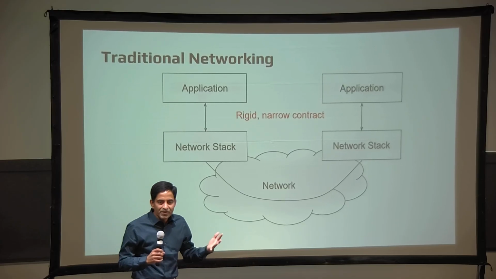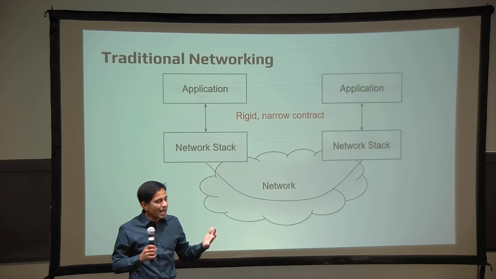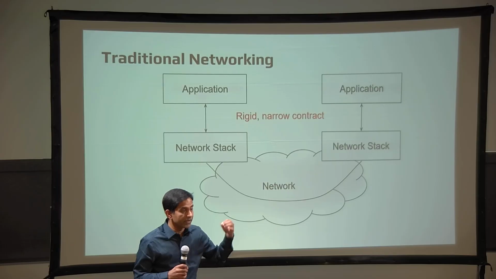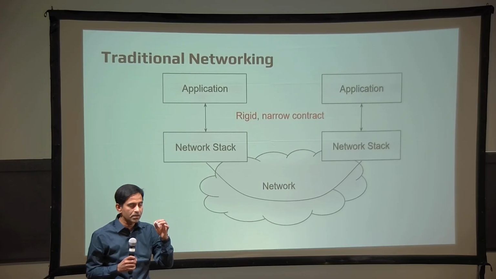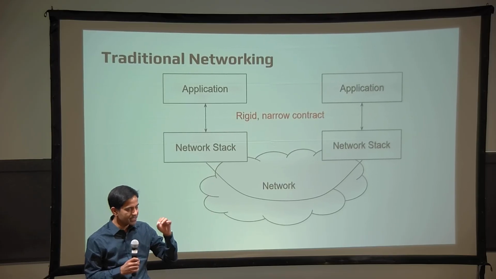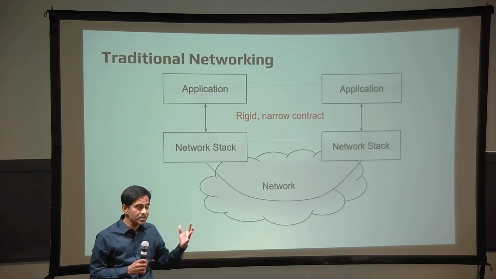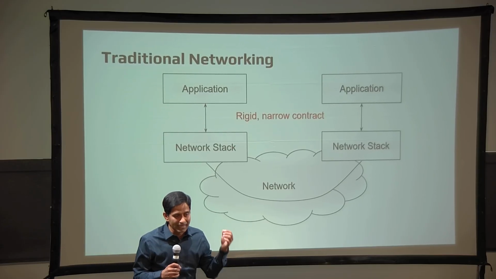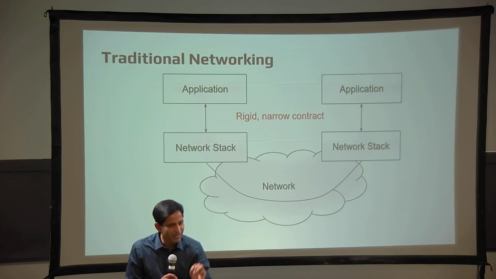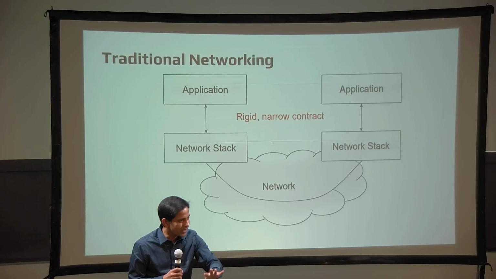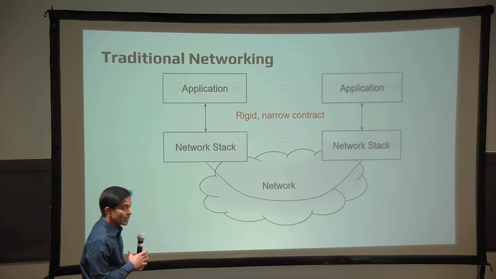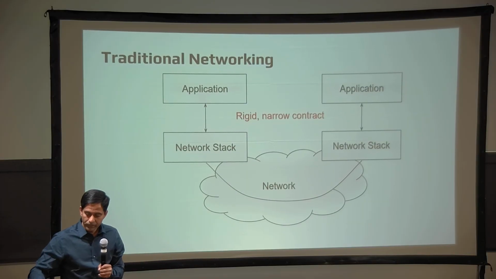Now, that's fine, but not all applications need all the bits to be perfectly transmitted every time. So this is a very baked contract between applications and networking, which many applications may not care about, right? Video conferencing, for instance, I don't care that I see every pixel in Dayok's persona. I just need to know it's Dayok talking to me. That's one part of the contract that's very rigid.